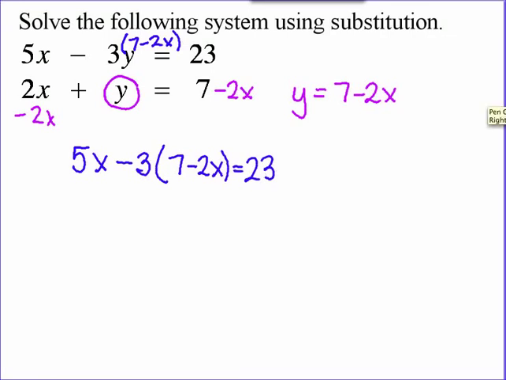What I need to do now is do what? Distribute. So I'm going to distribute here. So I end up getting 5x minus 21 plus 6x. For those of you wondering where the plus came from, this is a -3. So you're taking -3 times 7 and -3 times -2x.